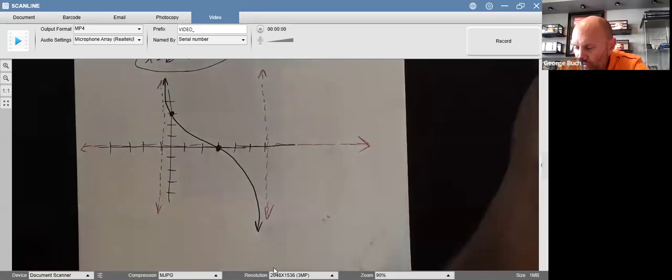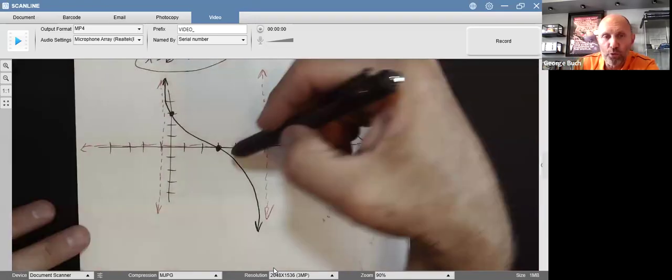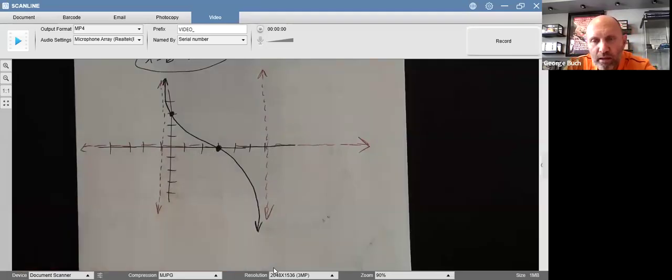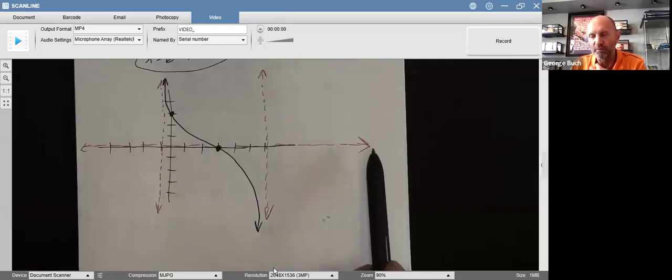And then at the end, you can see this actually goes right through the horizontal asymptote. Because a horizontal asymptote doesn't mean this thing could never be that y value. It means as we get towards negative infinity and positive infinity, it won't hit that specific value, or in this case, 0.